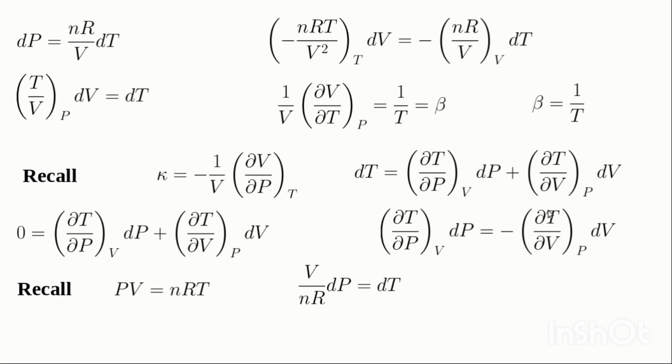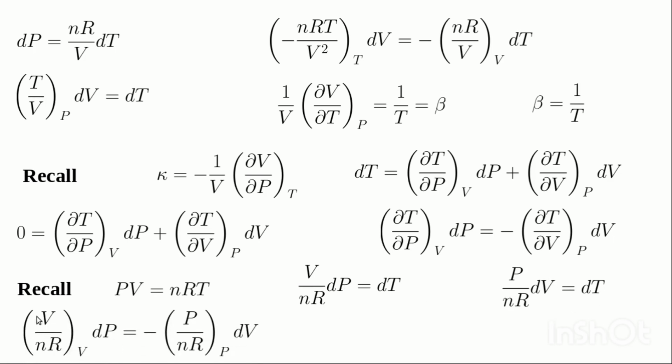If we also do the same thing for dT/dV, we have P over nR. Now that we know the values for dT/dP and dT/dV, we can substitute them into this expression.